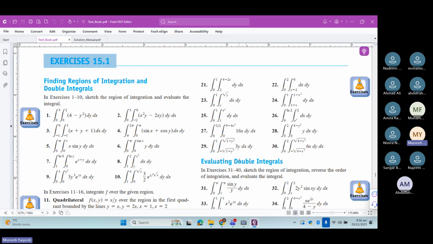It is integral 0 to 3 with respect to x, and then integral minus 2 to 0 with respect to y, x square y minus 2xy dy dx. Okay, so now we are to perform this integration.